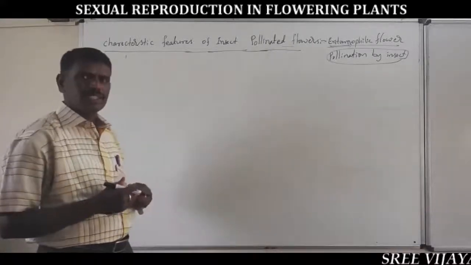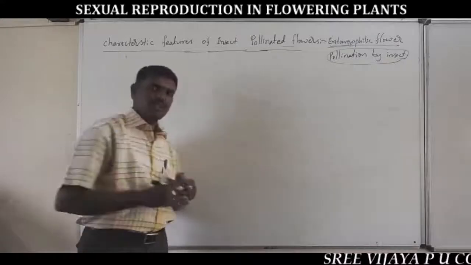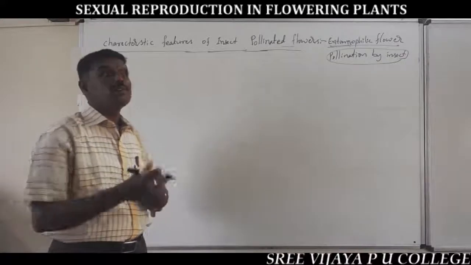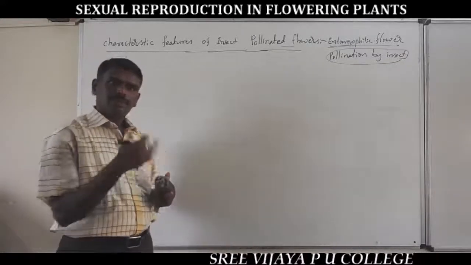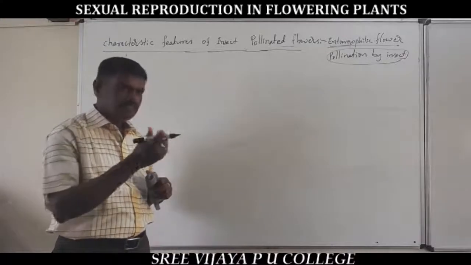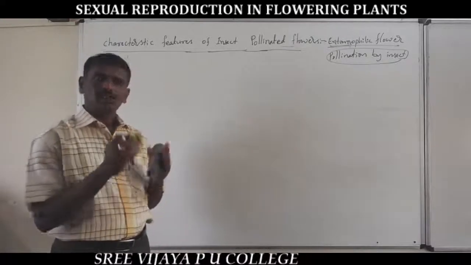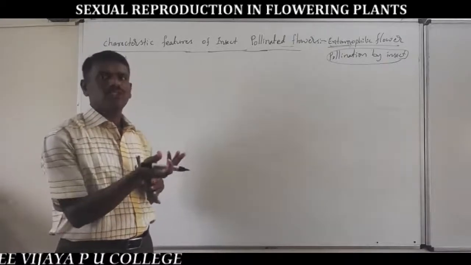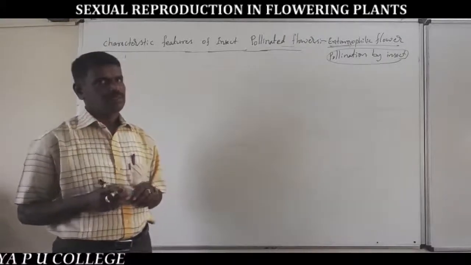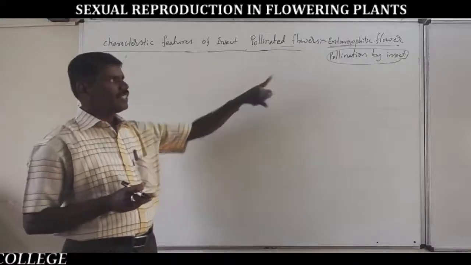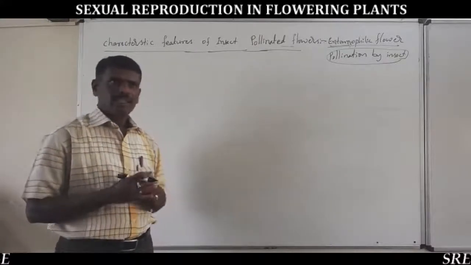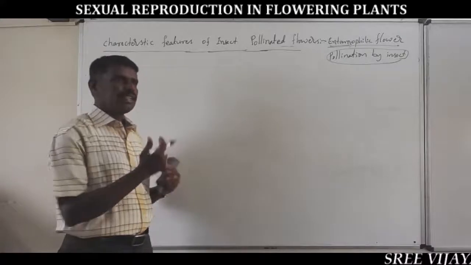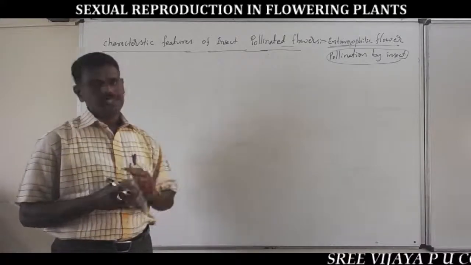Meanwhile, the same insect visits another flower to suck the nectar, and the pollen grains present on its legs may be released and attached to the stigmatic surface. That is entomophily, in which the pollen is carried by an insect.